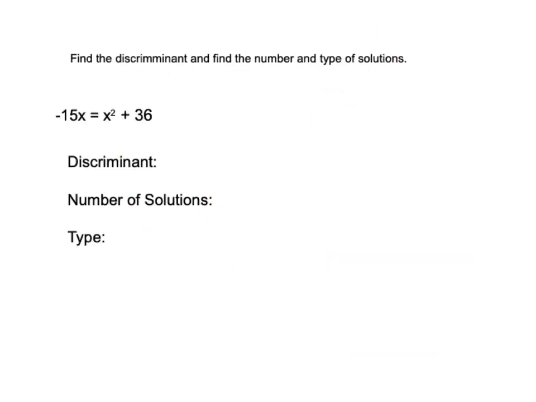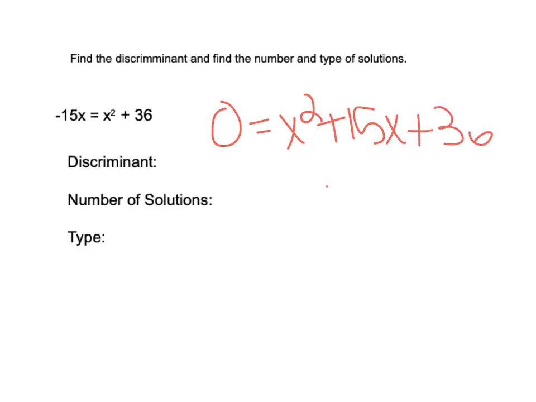Okay, same thing on this one. It's just going to be the same idea. I'm going to add 15x to both sides, so I end up at 0 equals x squared plus 15x plus 36. A equals 1, b equals 15, c equals 36.